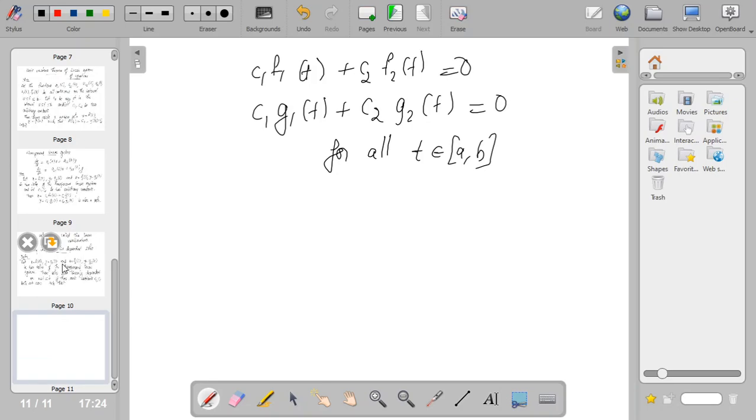So that is the definition for the solutions to be linearly dependent.